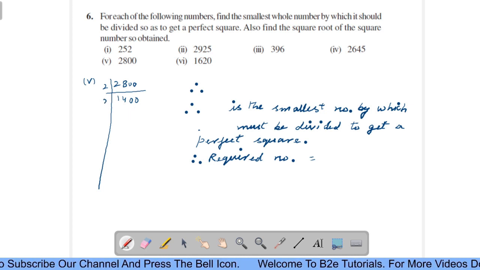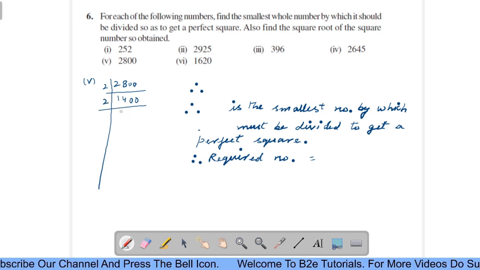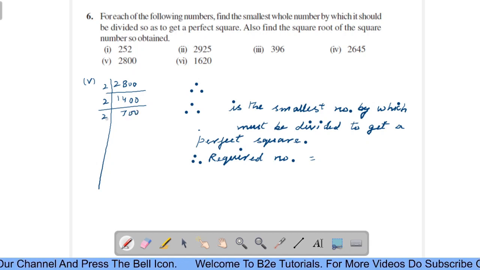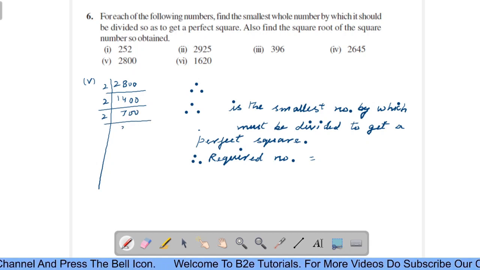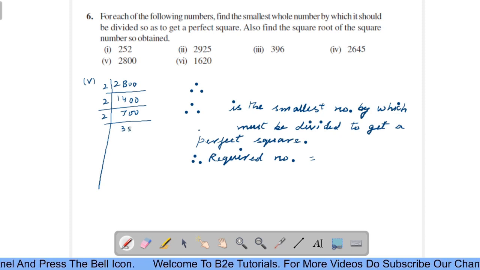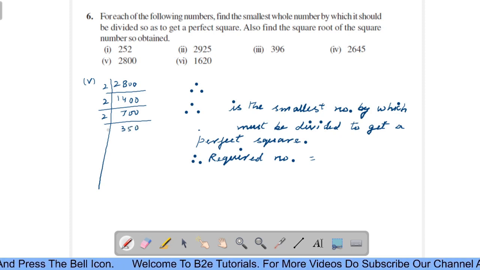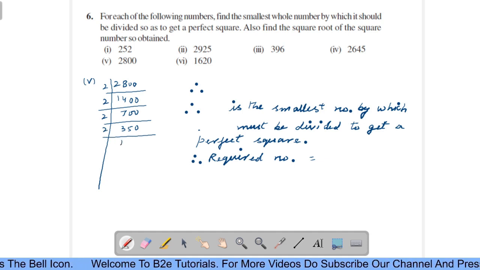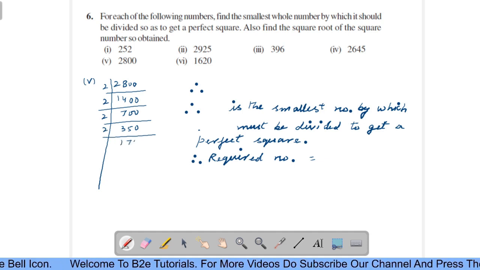Then again divided by 2. It is 700. Again divided by 2. 2 3 is 6, 2 5 is 10. It is 350. Again divided by 2. It is 2 1 is 2, 7 is 14, 2 5 is 10.